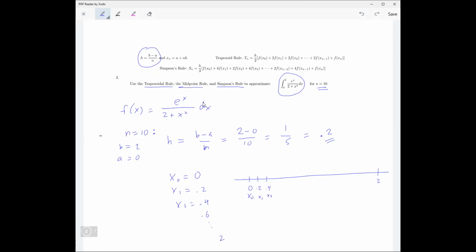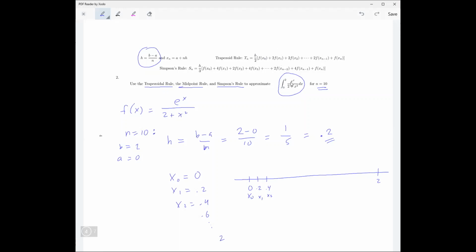Here's our function right here, not under dx. This is what the intervals are going to be. Approximating this is going to involve finding values at each of these points, and then adding them up in this fashion.